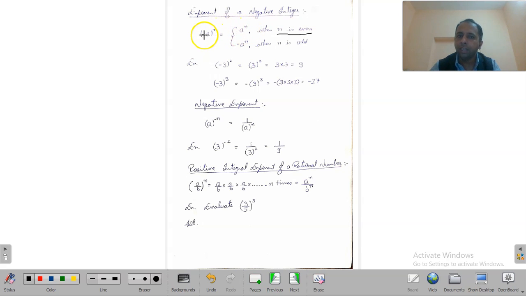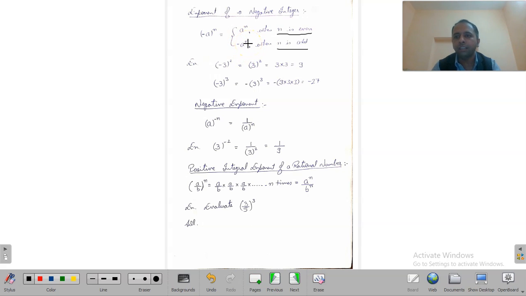That means the negative sign will be removed. But when n is an odd number, then it will be minus of a to the power n.